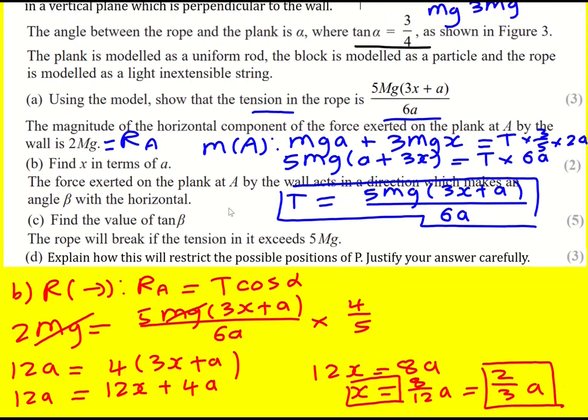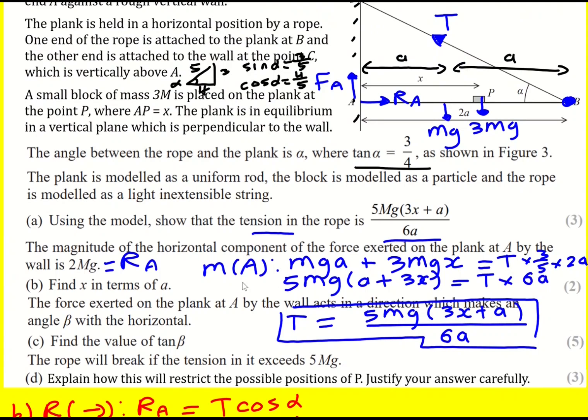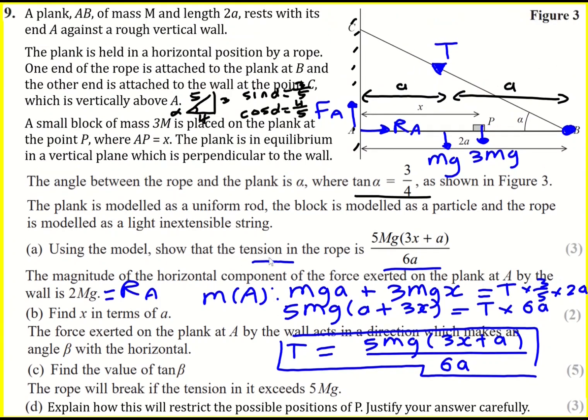The force exerted on the plank at A by the wall acts in a direction which makes an angle beta with the horizontal. So what this is saying is that I've separated them into the constituent parts, the vertical and the horizontal part, but you could then add them together and you get it going in this direction here. And we want to find this angle here, beta, with the horizontal. So we've actually got what RA is. We just need to find FA, and then we can draw a triangle and do some trigonometry to work out tan beta.